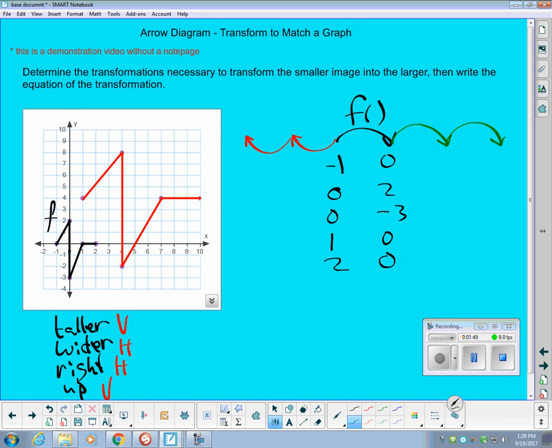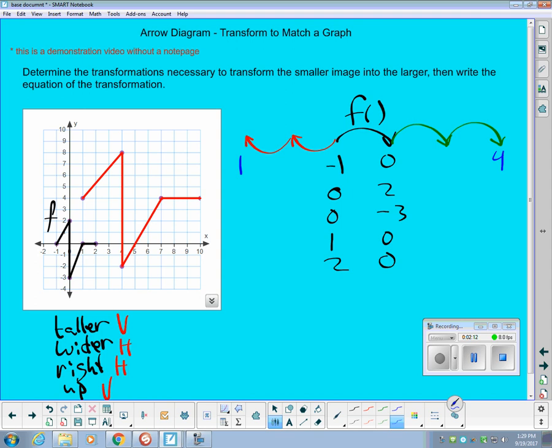The corresponding points on the graph that I'm aiming for, I've got one right here. That point is at 1, 4. So I know that after the transformations, an input of 1 has to give me an output of 4, and that corresponds to that farthest left point on here.